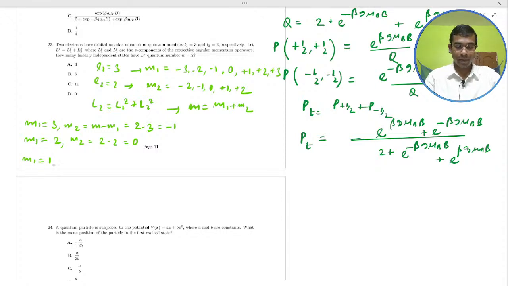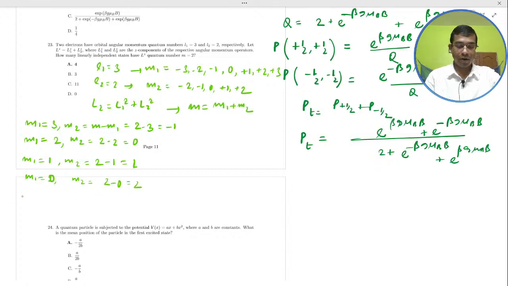For m1 equal to 1, m2 value is 2 minus 1, that is 1. For m1 equal to 0, m2 is 2 minus 0, that is 2.